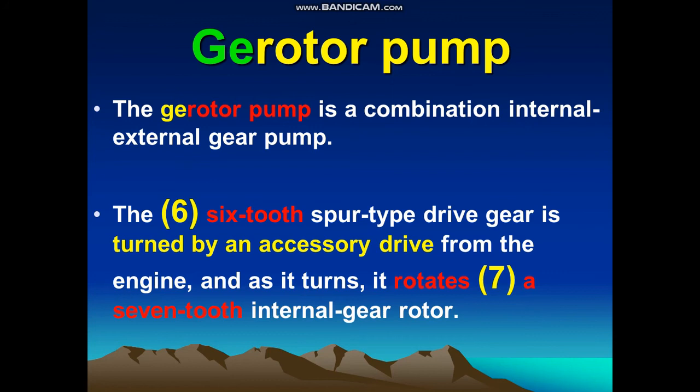The Gerotor pump is a combination internal-external gear pump. The six tooth spur type drive gear is turned by an accessory drive from the engine, and as it turns, it rotates a seven tooth internal gear rotor, and this is the gear rotor.